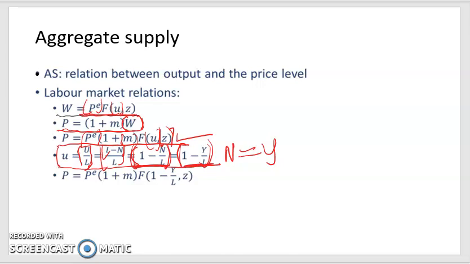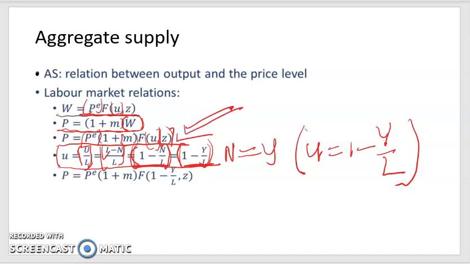Given that the unemployment rate is given by 1 minus output over labor force, we can substitute this unemployment in our price equation, giving us this new equation, which is basically our aggregate supply relation.